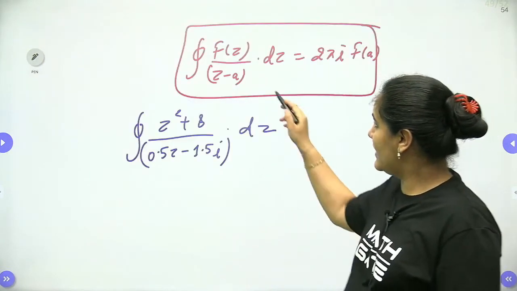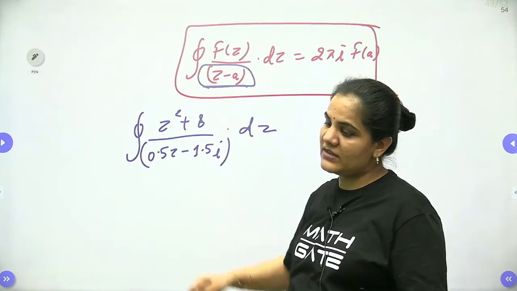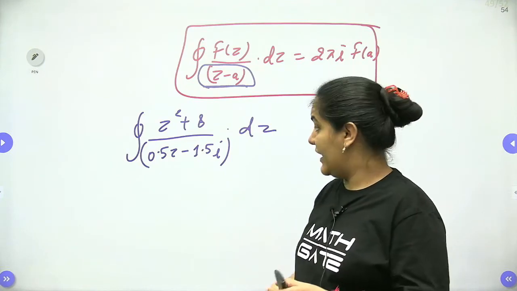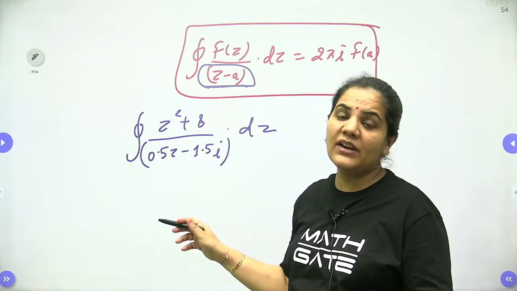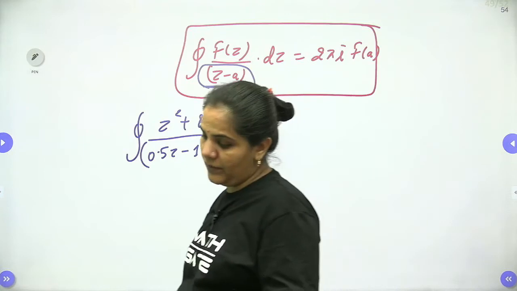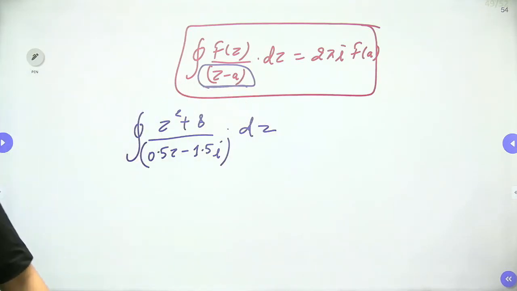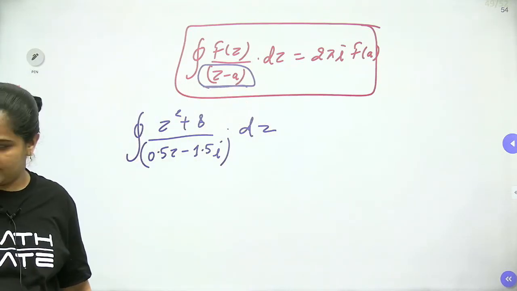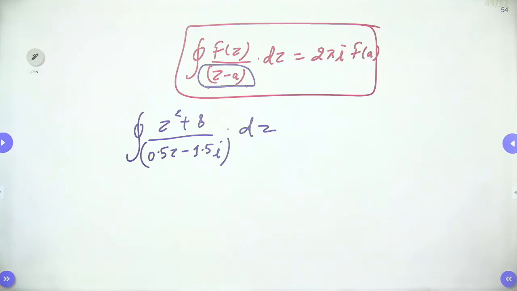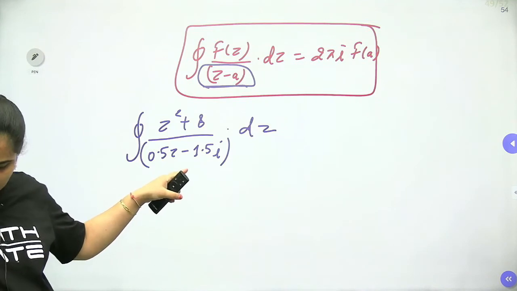As we know very well, the standard result is always in the form of z minus a. Here we don't have the standard z minus a form, right? So we have to convert it into the standard form, guys.